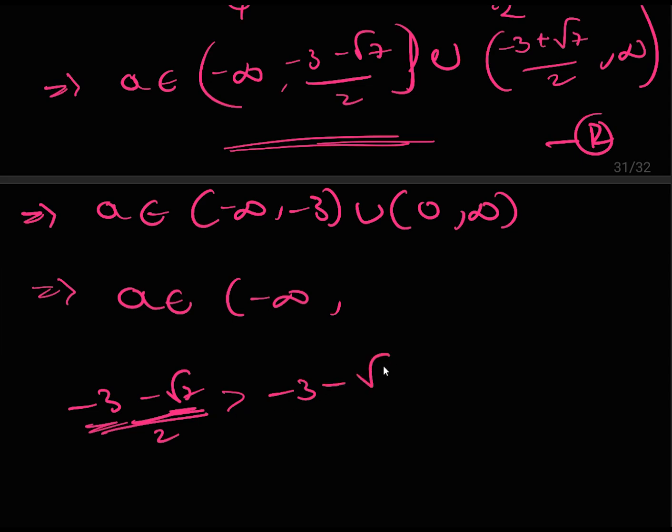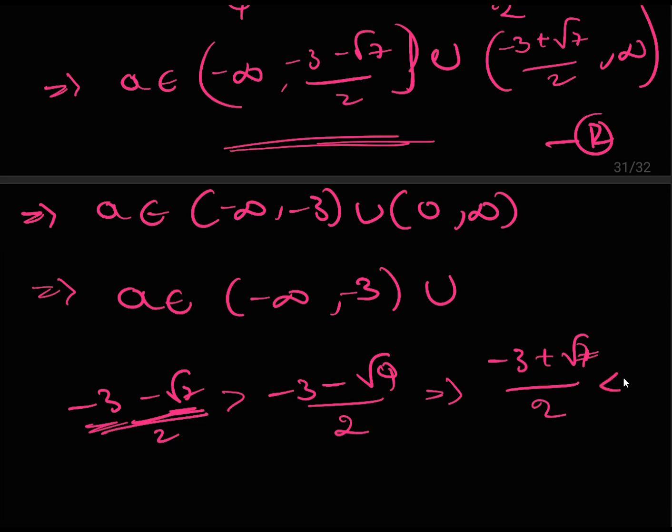The other one, (minus 3 plus root 7)/2, is less than 0.